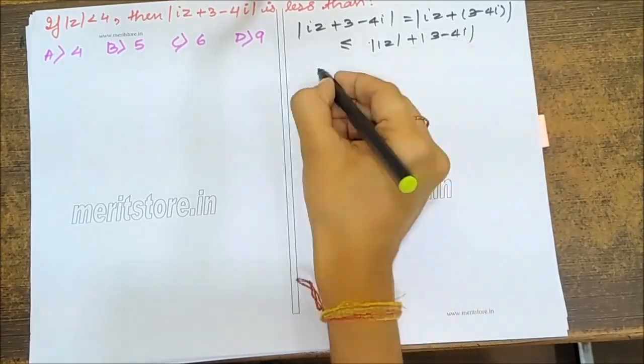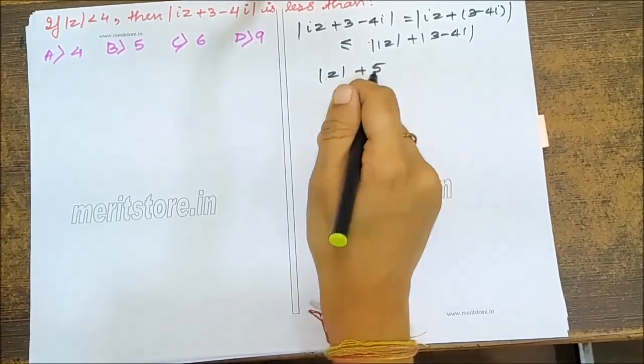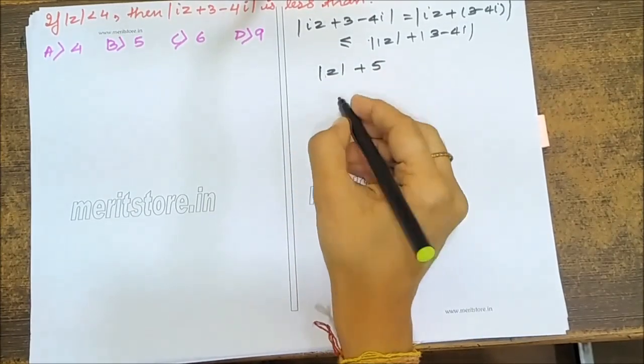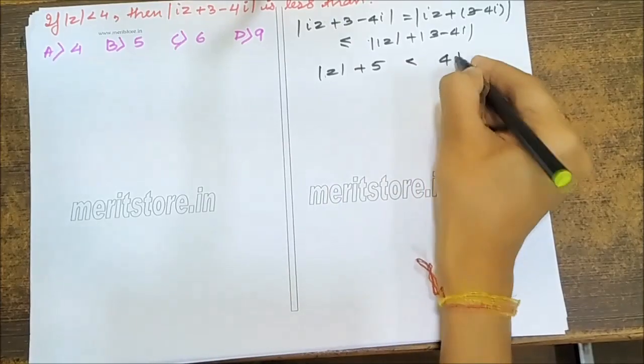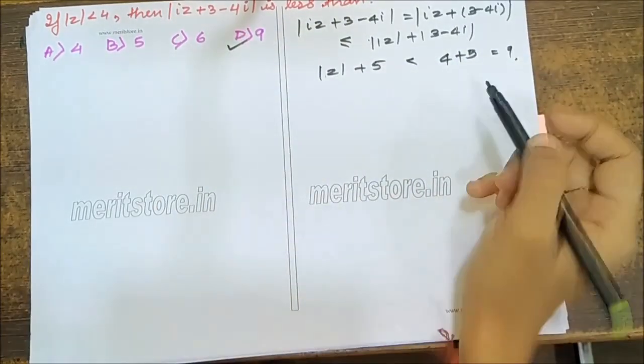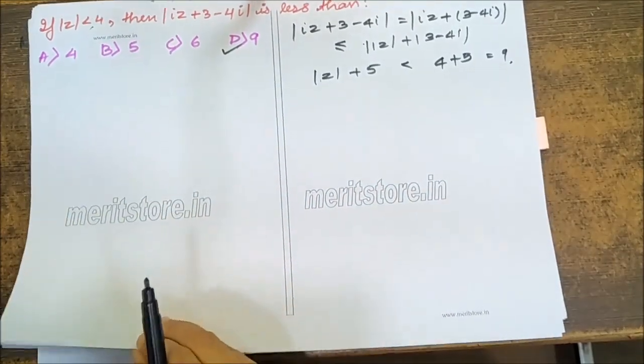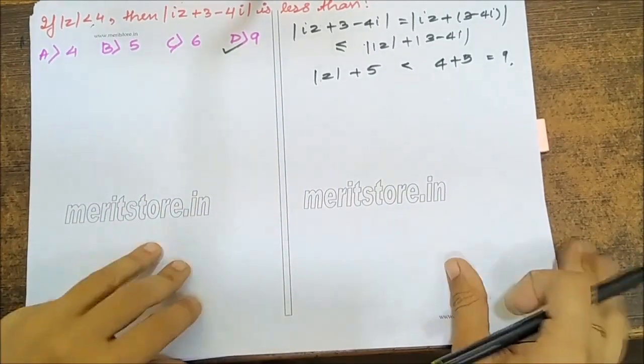Now this is your z, so modulus of z plus 5 is less than 4 plus 5, that is equal to 9, because your value is given as 4, so 4 plus 5 will be 9. Answer is D.